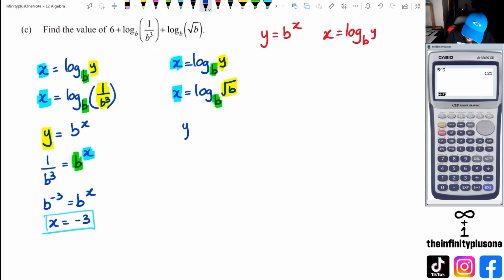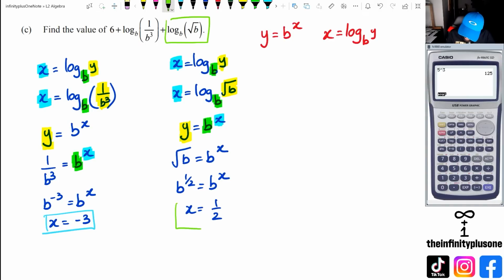So I can rewrite this as y equals b^x, so y is equal to square root of b equals b^x. Now square root of b is just b to the power of half, which is equal to b^x. So the x in this case is actually half. I've shown that x is equal to half. And sorry, I rubbed this out, but this part here is actually equal to -3.